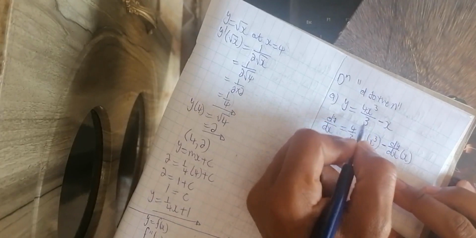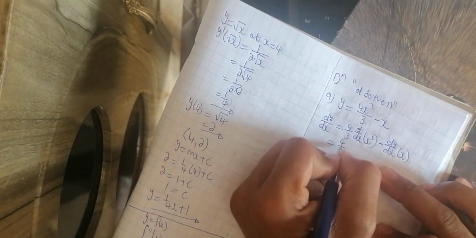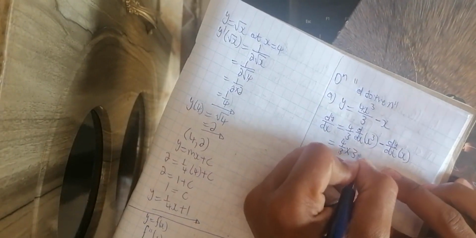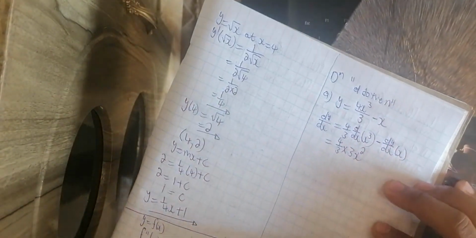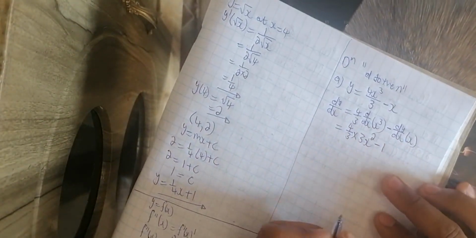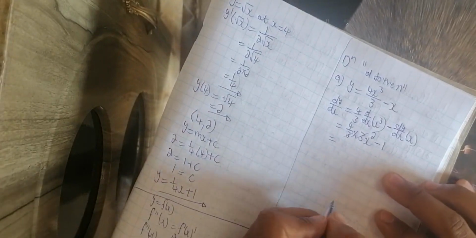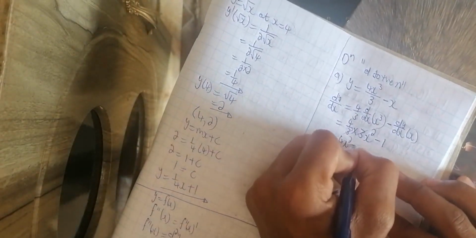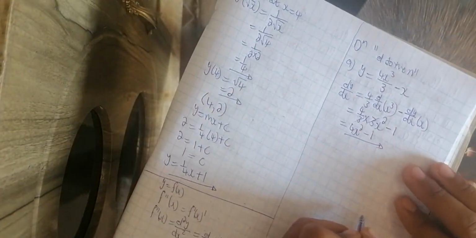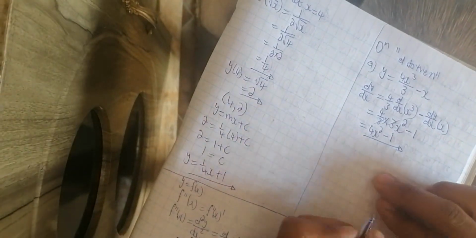Factor out a constant and deal with the function. Bring down the 3, minus 1. And the derivative of x is 1. Then the numerator and denominator, 3 goes once, so we have 4x squared minus 1. This is exactly what you would find there as the first derivative.